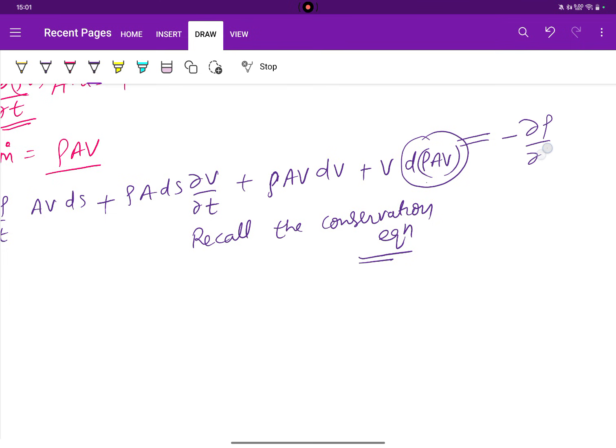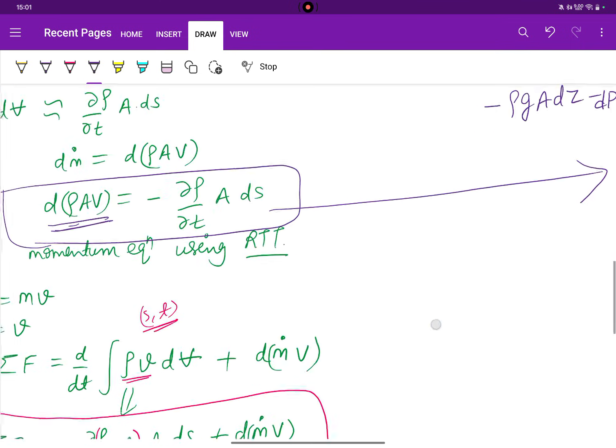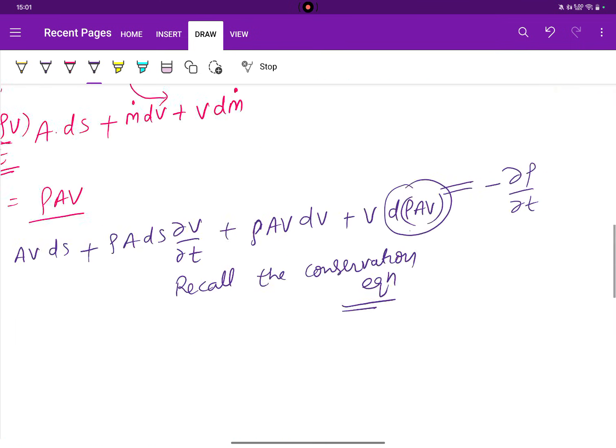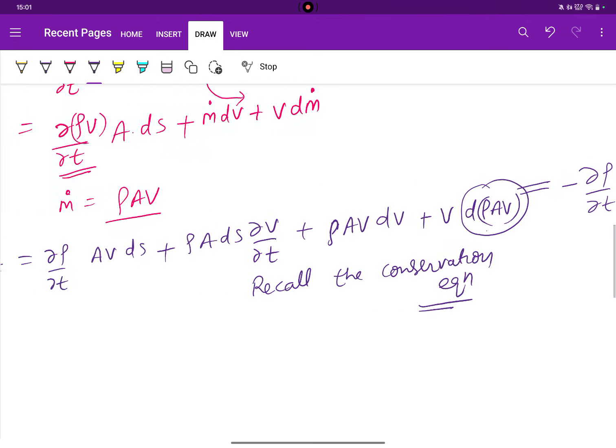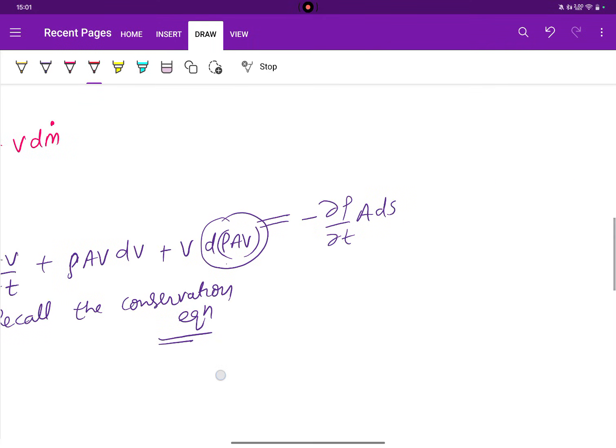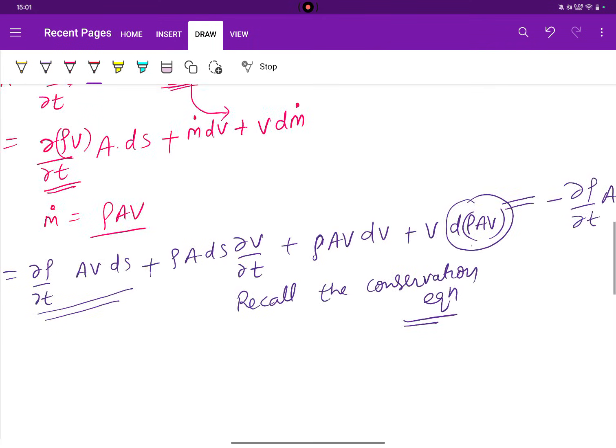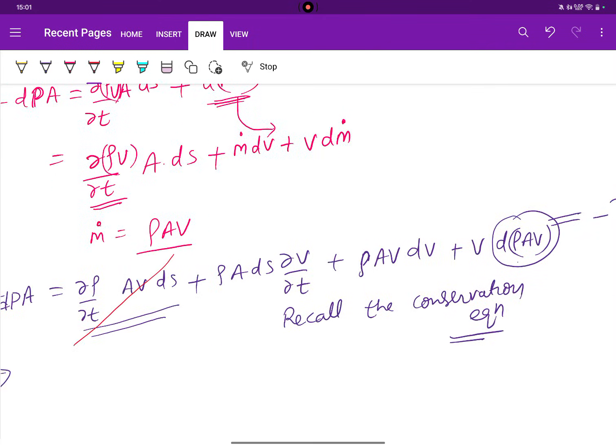Minus del rho by del t into a ds. And when you put that, you will get this term, del rho by del t into av ds. So they are of opposite sign and will cancel out.